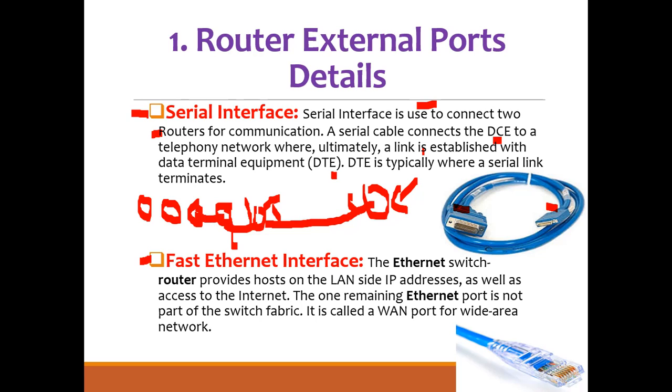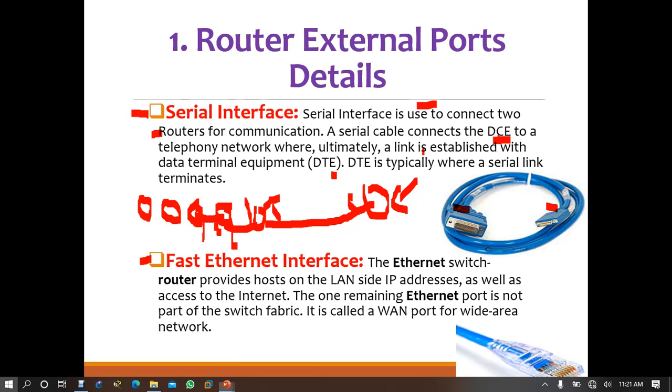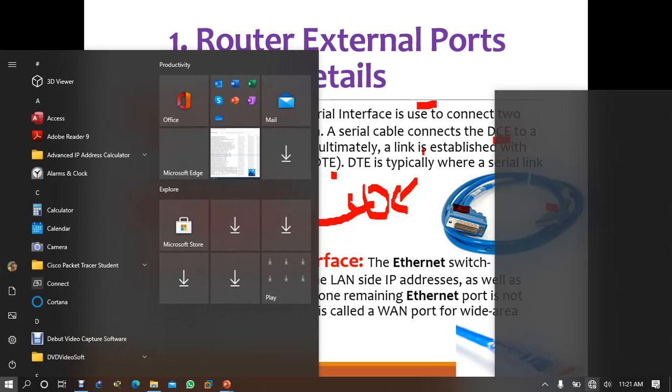Same here, there will be DCE and the other one. DCE means data communication equipment and DTE means data terminal equipment. Whenever you see this cable, it is automatically written on the cable. I can show you here.